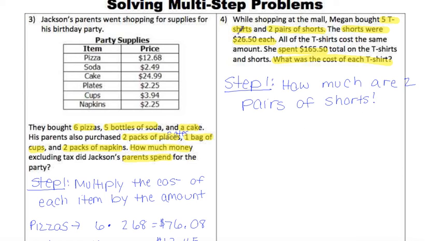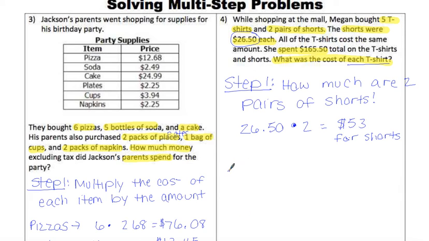So 1 pair of shorts was this $26.50, but I have 2 pairs of shorts, so I'm going to multiply $26.50 times 2 pairs of shorts. And if I do that, I get $53 for the shorts total.